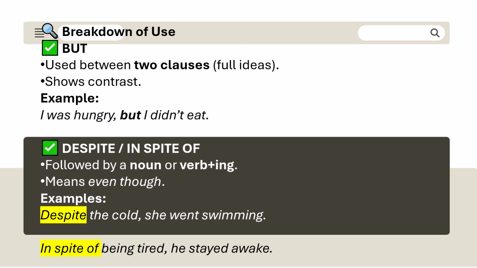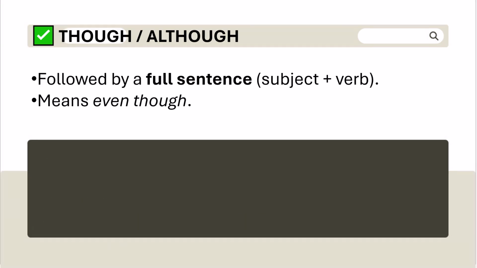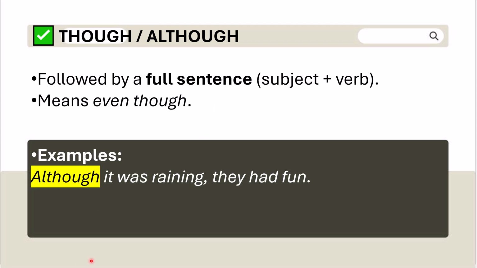Okay, let's look at the next part. Though and although. This is another form of the adverbial linkers. Though and although are followed by a full sentence, that is subject and verb agreement, meaning again even though. Let's look at some examples.